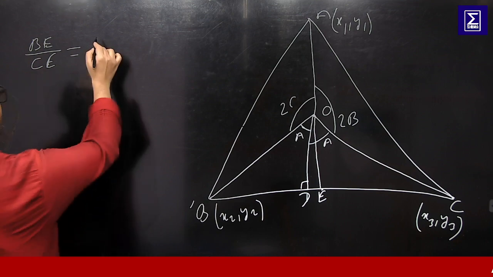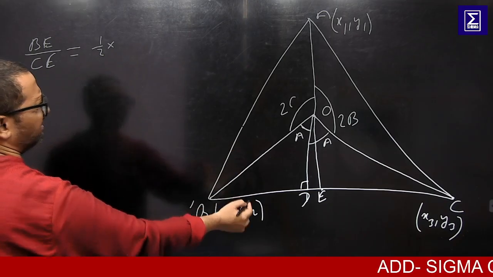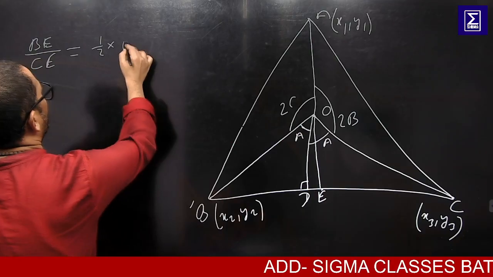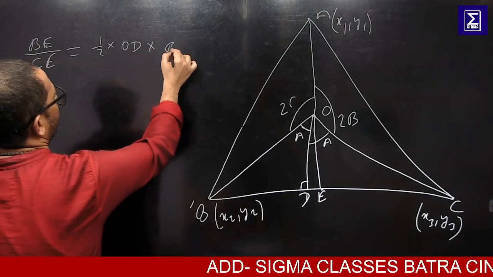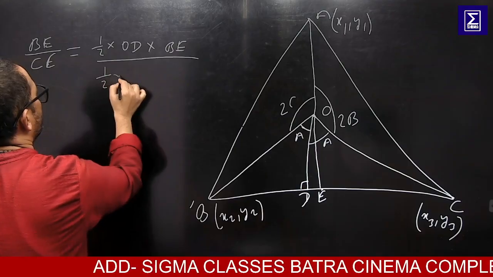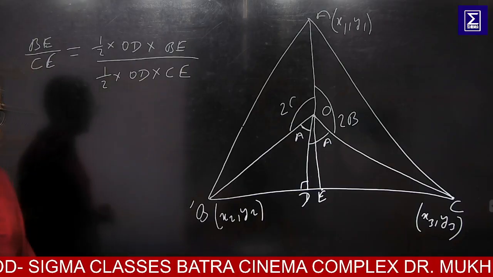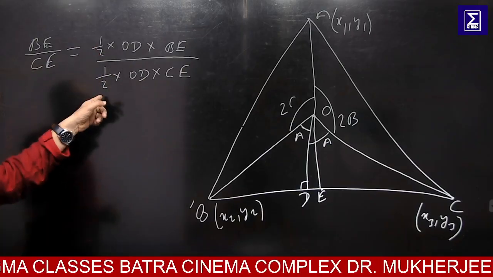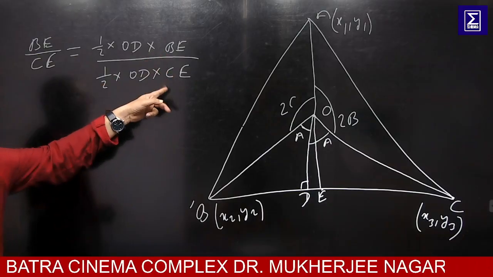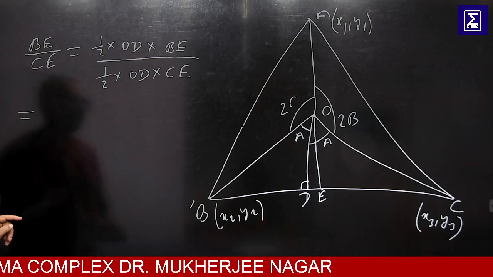So can we write here half times OD into BE upon half times OD into CE? Can we write? Yes or no? In this, half and half get cancelled, OD and OD get cancelled, we are left with the same BE upon CE, right?